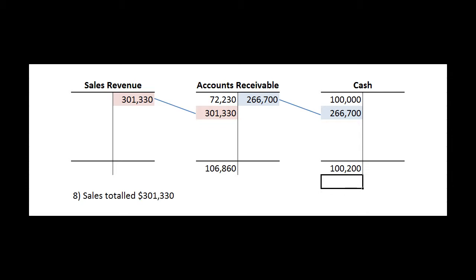Now just eyeballing those figures, there has to be a credit in accounts receivable because just adding up 70 odd and 300 odd does not equal 106,000. So there is a difference and there is a credit amount, and that credit amount, if you sit down and add it up, I won't do that right here and now, but good to double check these things, is $266,700.